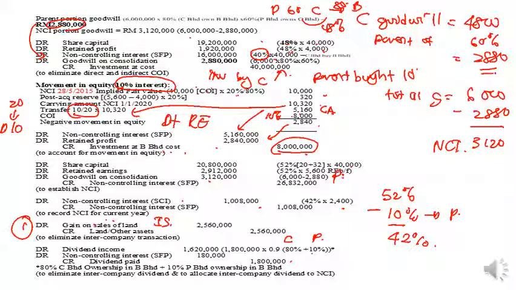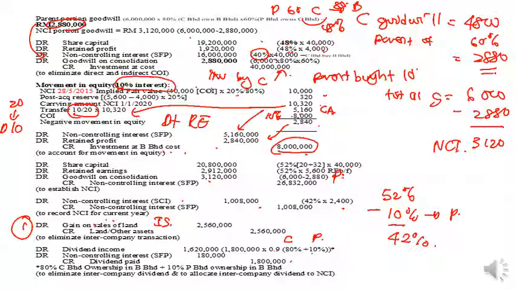Okay, and then this one is the share of profit, to record NCI for the current year. If you look at the beginning, NCI has 52%. Now NCI disposes 10% because it sold it to the parent here. So now the NCI value here is only 42%. So 42% times the current year profit in B, 2,400, so you're going to have 1008.